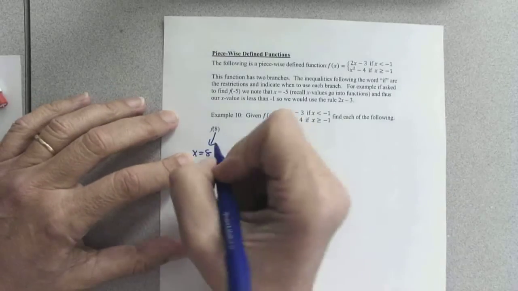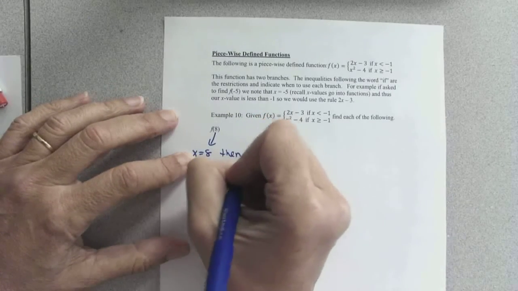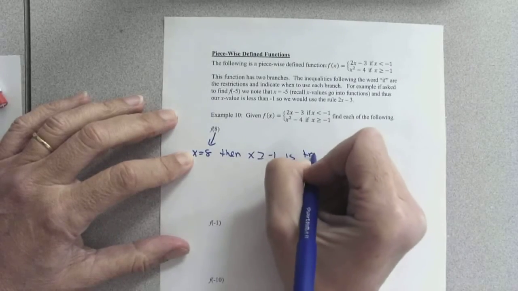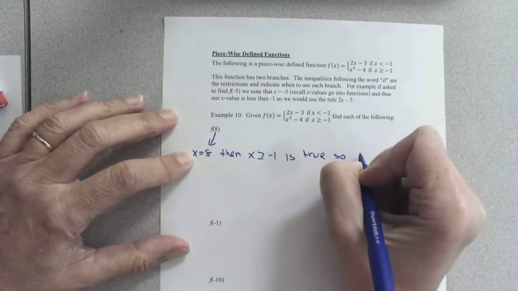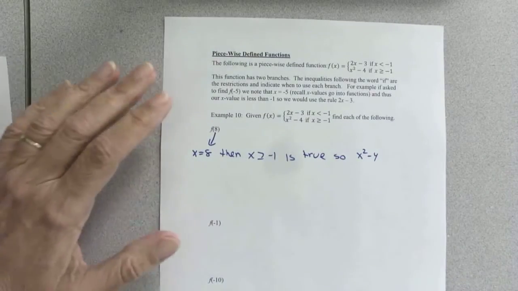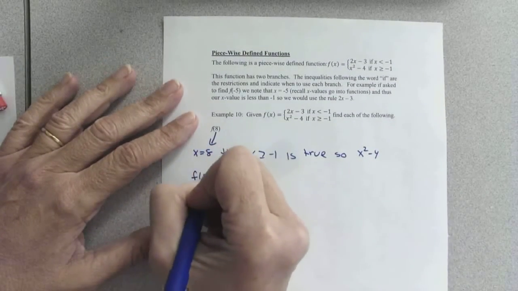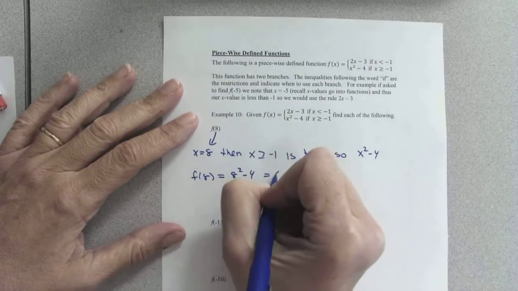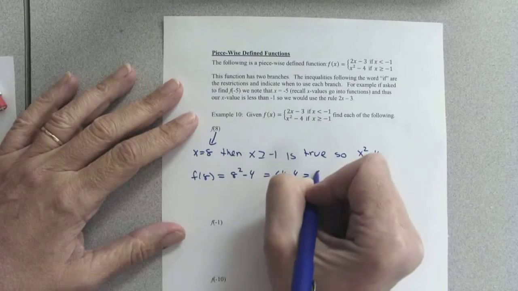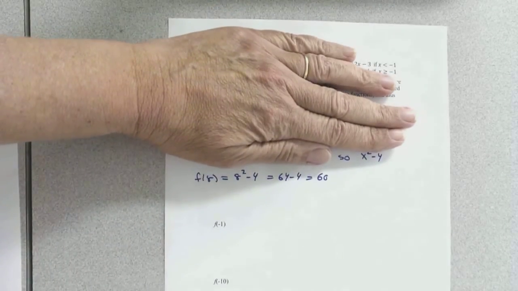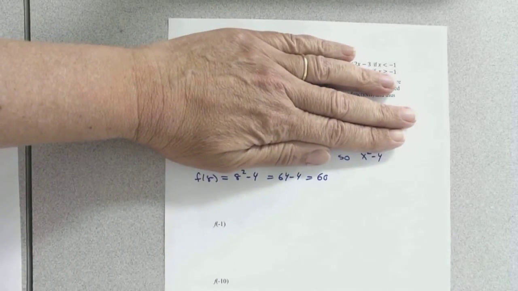If x equals 8, then x greater than or equal to -1 is true. And so I will use x squared minus 4. And so f of 8 is 8 squared minus 4, 64 minus 4, 60. Done. All I would be hoping to see on a test is that right there. Everything else is your thought process.